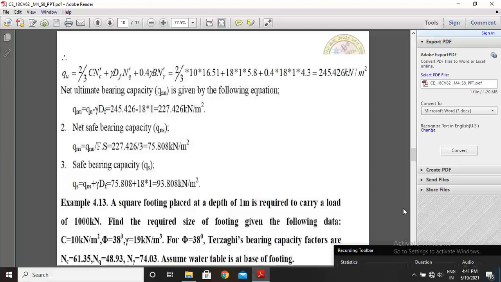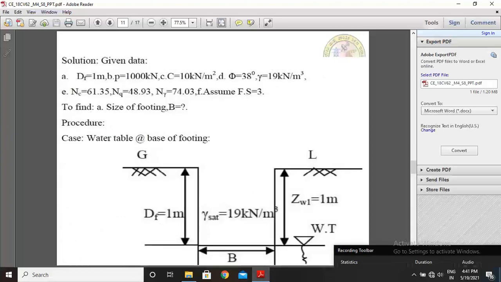See, this problem is related to water tables. Now you solve these problems. Okay. Solution. Given data. Depth of footing is 1 meter. Load is given 1000 kilonewton.